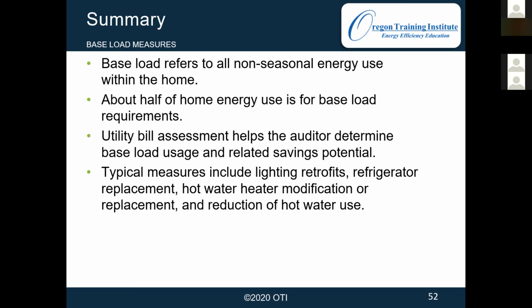And another big issue with base load is the phantom vampire load, where appliances are seemingly off but still using a lot of energy, and sometimes just as much energy when they're off as when they're on.